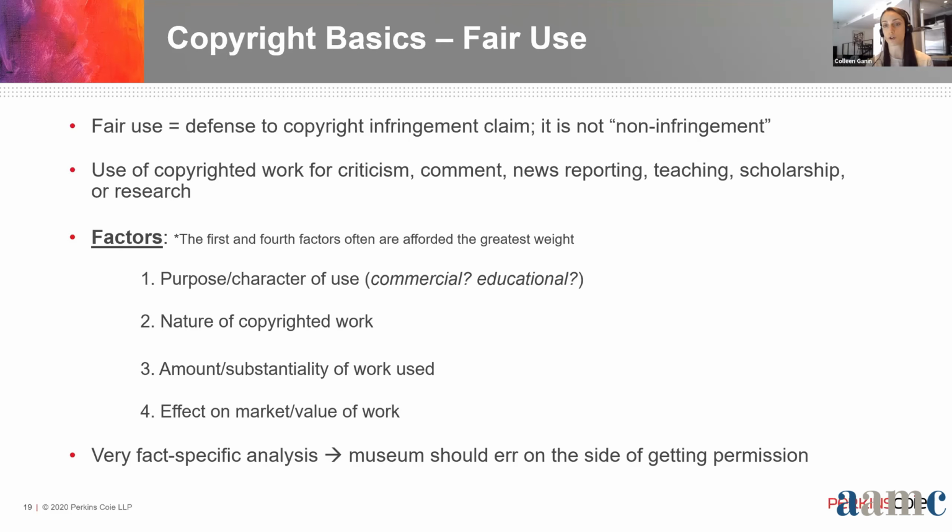I'm sure most of you have heard of this term before. Generally, a fair use would be use of a copyrighted work for criticism, so criticizing the work or the artist, to a lesser extent, to comment on the work, so a discussion of the work, news reporting, in the teaching or scholarly context, or in research.